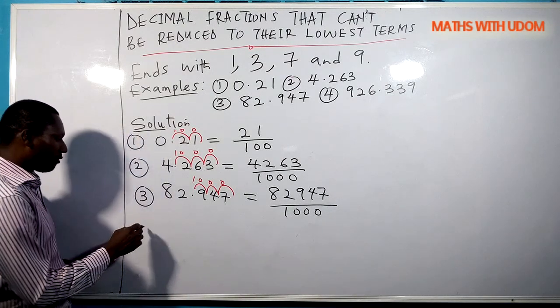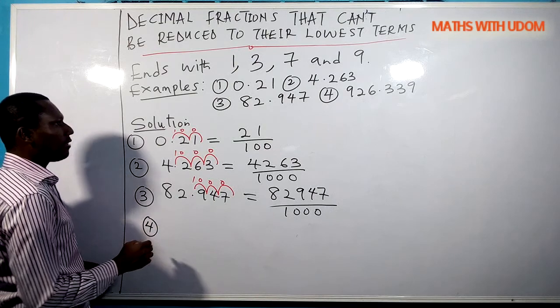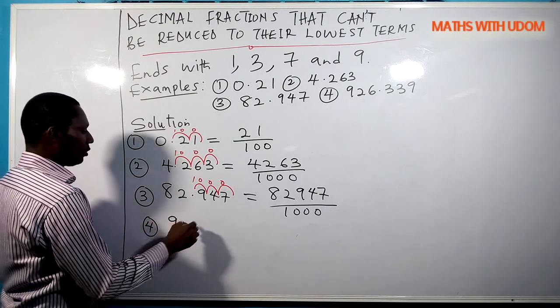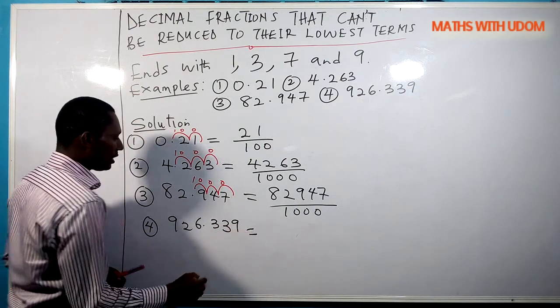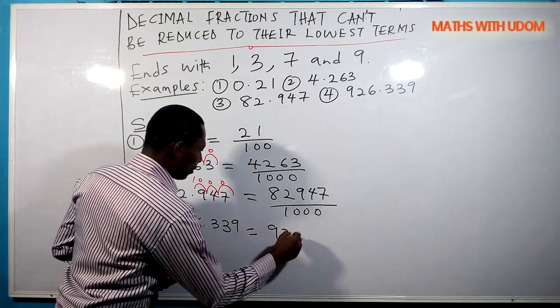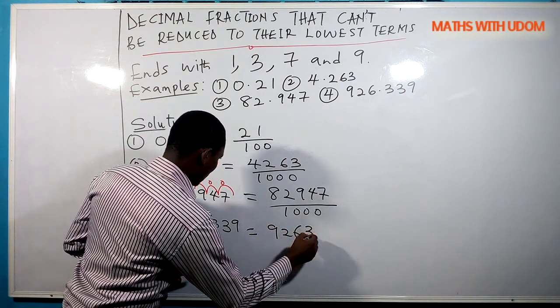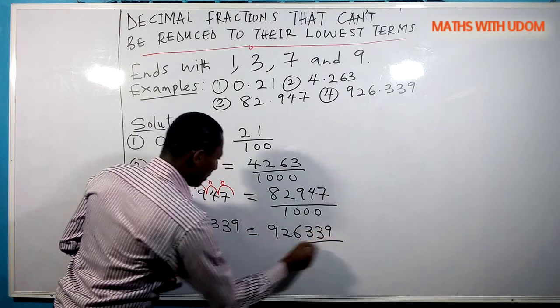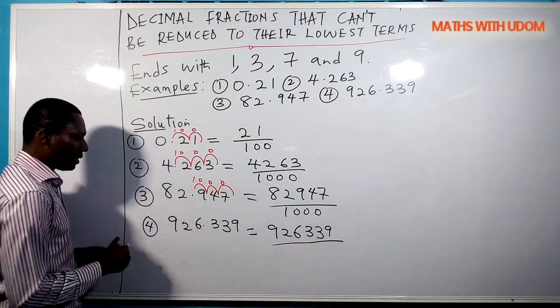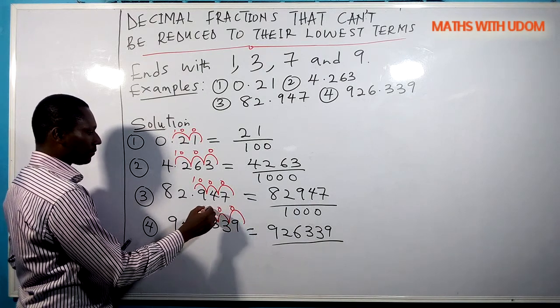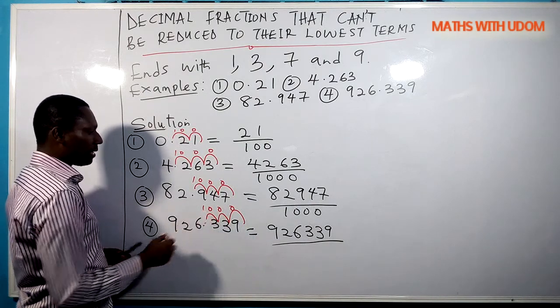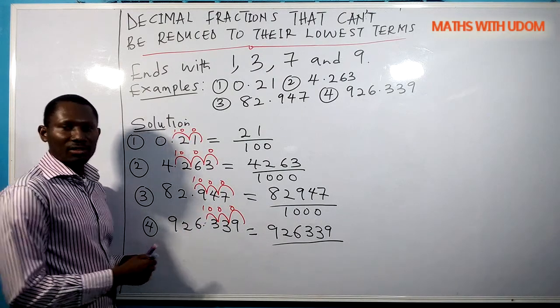Then lastly, number 4. What do we have there? 926.339. How do you write this? You write 926339 divided by what? Let's go again: 1, 2, 3. You divide that number also by 1000.